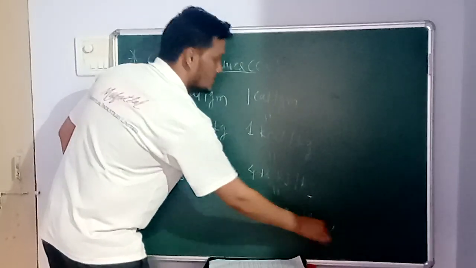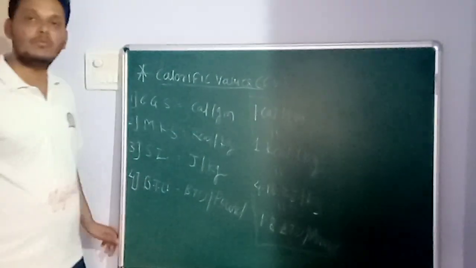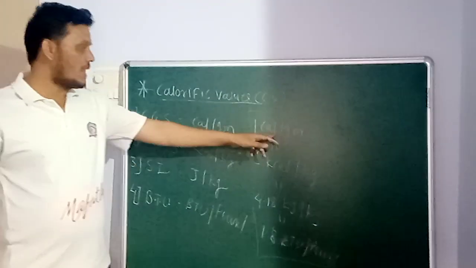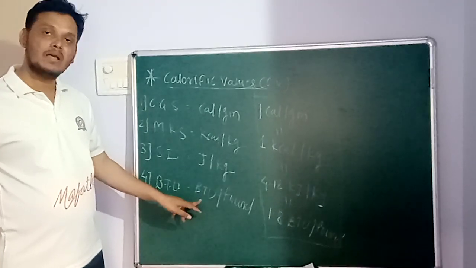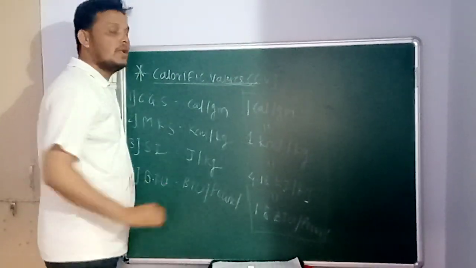So this is the simplest way to express the calorific value. These are the units of calorific value: calories per gram, kilocalories per kilogram, joules per kg, and BTU per pound. I will again repeat the definition of the calorific value.